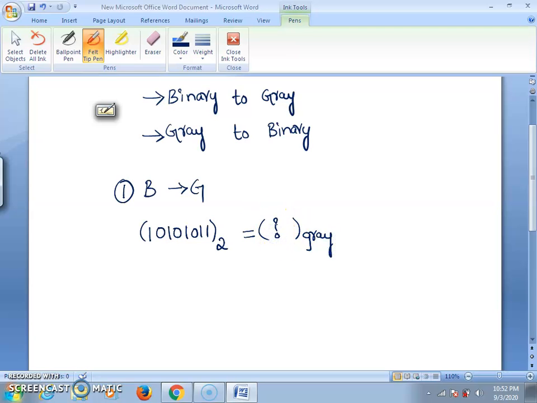So this is my task here. This is the given binary number in the problem: 10101011.